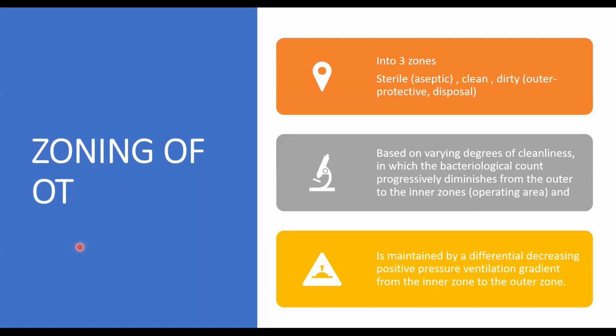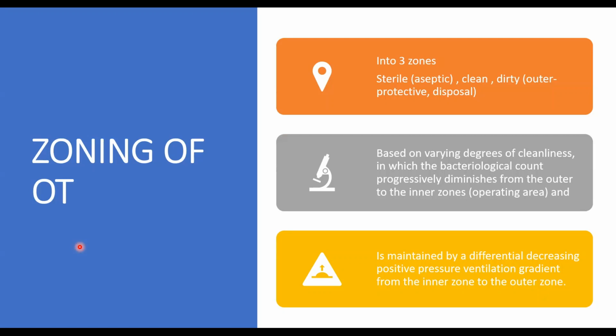The inner zone, which is the aseptic region, has a low bacterial count as compared to the dirty area. So it is important to design it in such a way that the area is suitable for what cases.